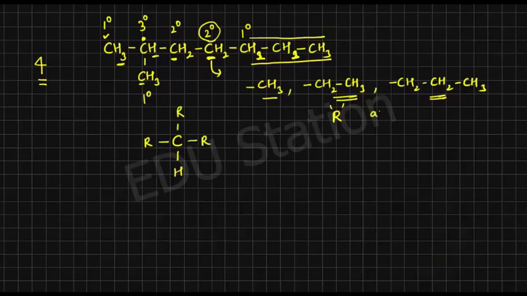This alkyl group means it can be methyl, ethyl, propyl, butyl, because if there are 10 carbons in this line, there are 5 carbons in this, there are 7 carbons in this, still this is tertiary because it is directly attaching to only 3 other carbons.